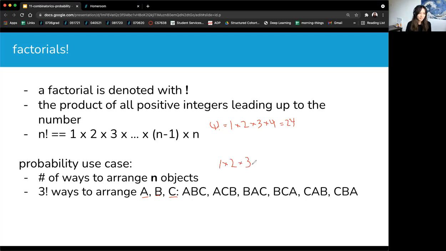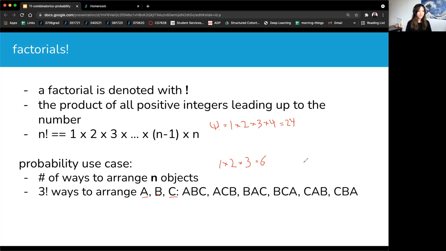There are 6 different ways to arrange these 3 letters. And it does scale. If you have 6 different things that you want to find the arrangement of, what's 6 factorial? I think it is 720. There's 720 ways that you can arrange 6 objects. So that's a use case of factorials in counting.